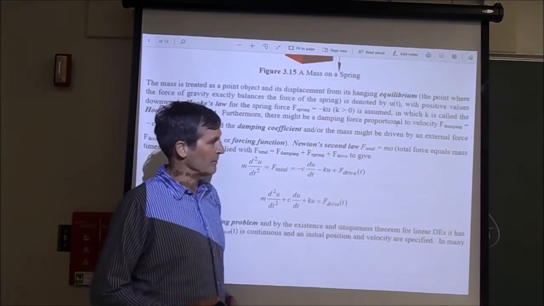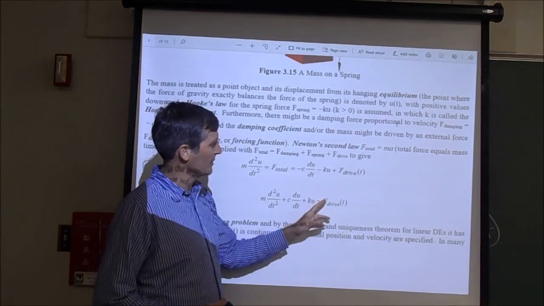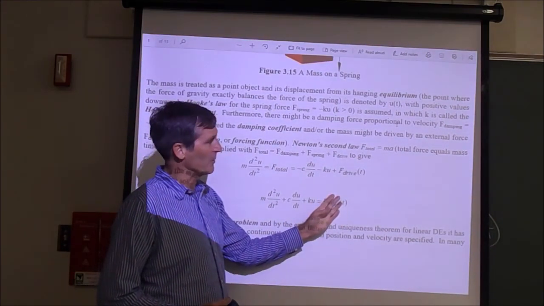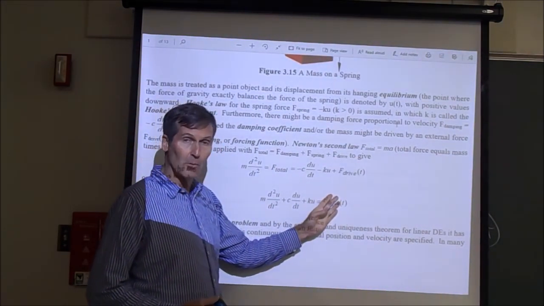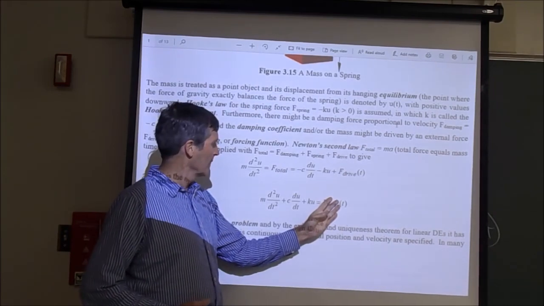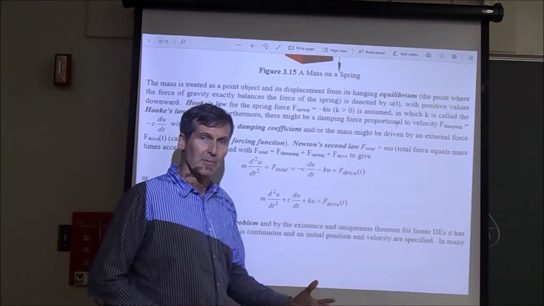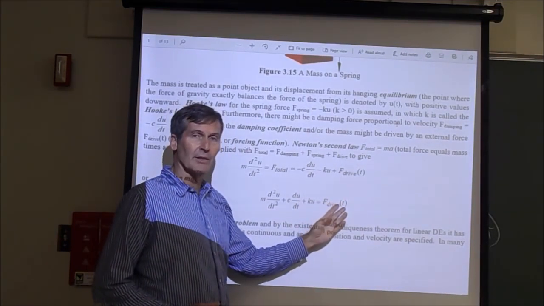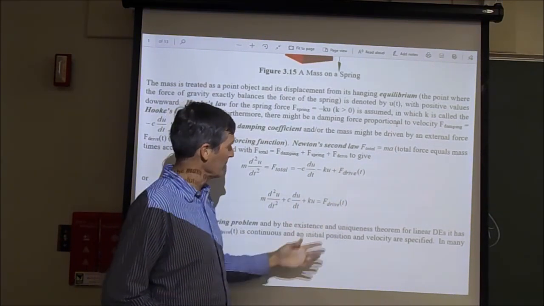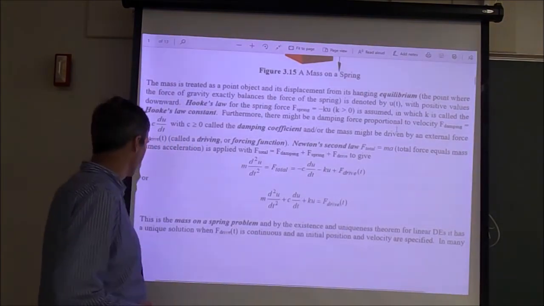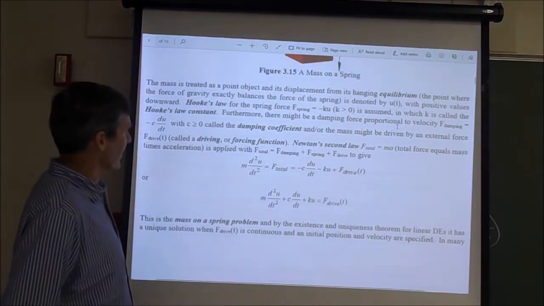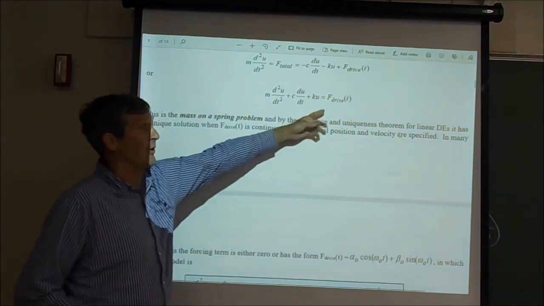For this section, we're just going to consider the case where there's no driving force attached and this side is zero. It's a homogeneous linear differential equation of second order with constant coefficients, just what we've been doing. We know how to solve these. Today we want to see what the characteristics are. What do the solutions look like? How do they behave?